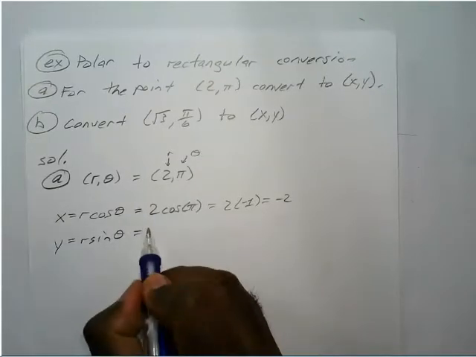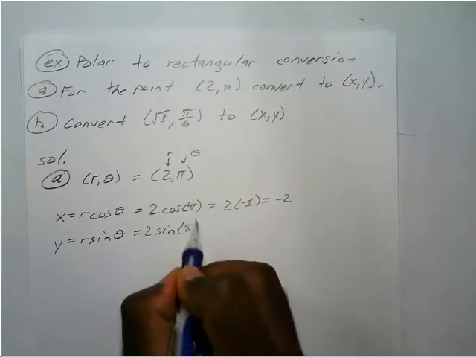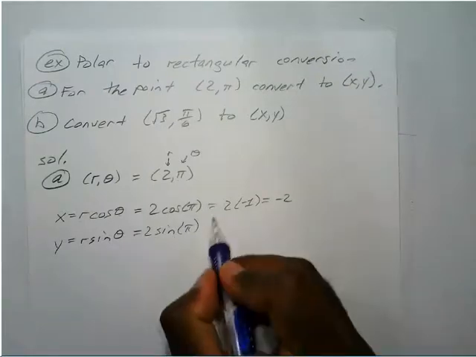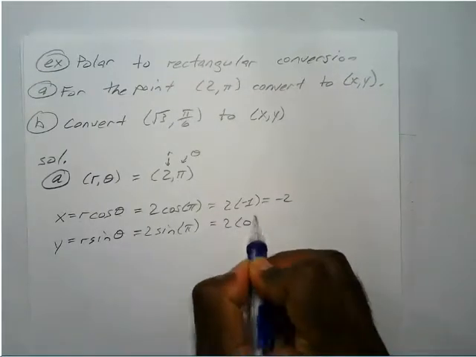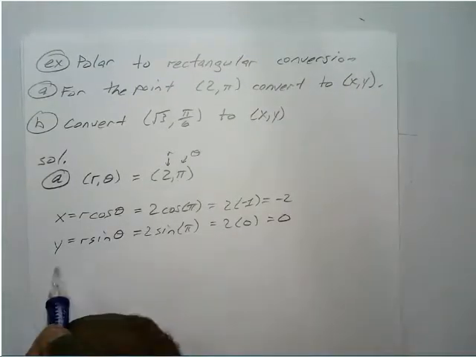Again, our r is equal to 2, so we have 2 sine of theta, which is sine of pi. Now, sine of pi is equal to 0, so we have 2 times 0, which is 0.